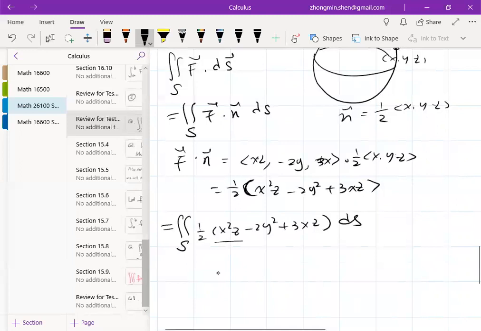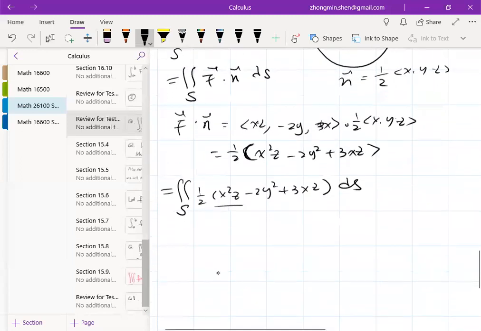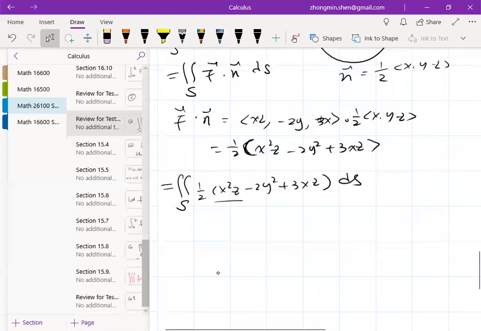The integral of this is the integral over the sphere, right? So z is positive on the upper hemisphere and negative on the lower hemisphere, for any given point x, y. So I think this is going to be cancelled out, and that is also going to be cancelled out for any fixed y, by the symmetry.